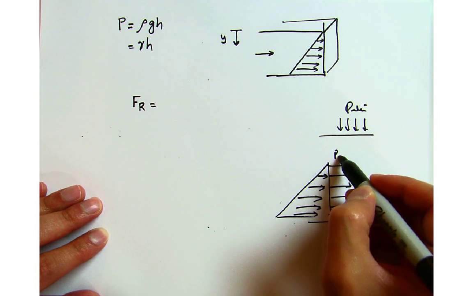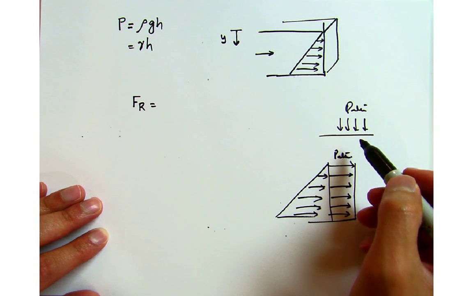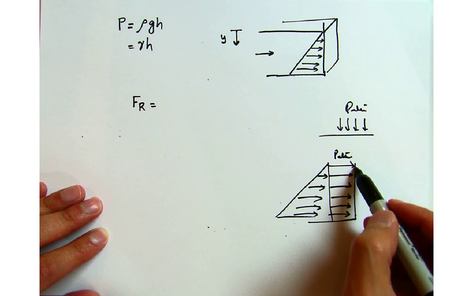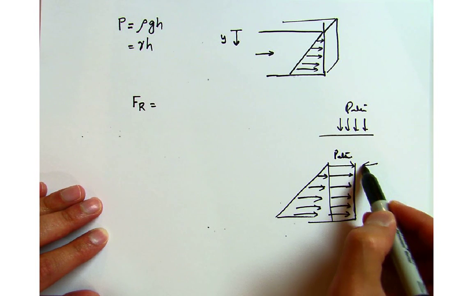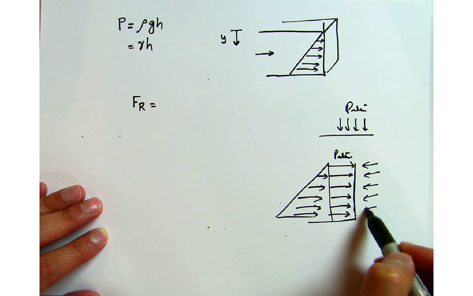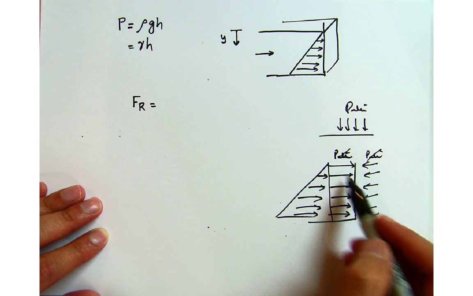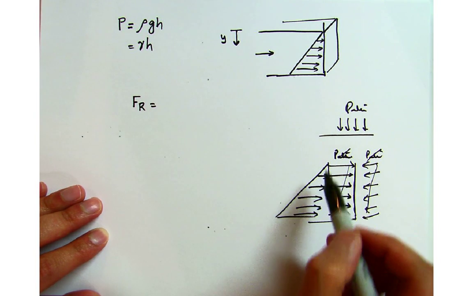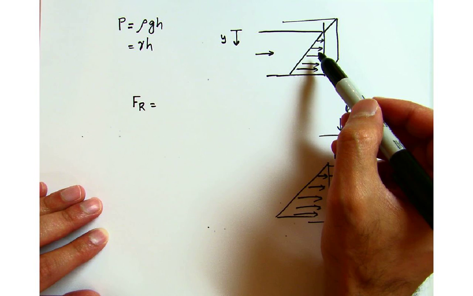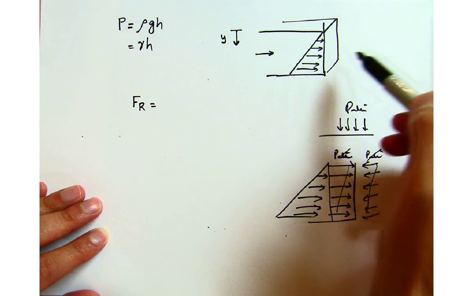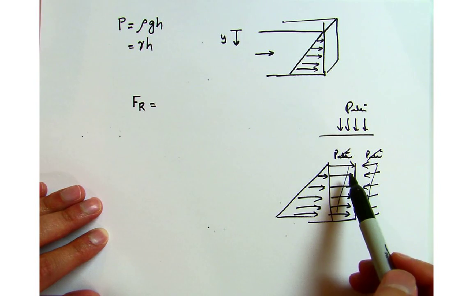But in this problem, I am not including the atmospheric pressure. The reason being, if you have a wall over here, you also have the atmospheric pressure on the other side. So this atmospheric pressure cancels out the atmospheric pressure over here, and you're only left with the hydrostatic pressure or hydrostatic forces. So that's why I'm neglecting the atmospheric pressure.